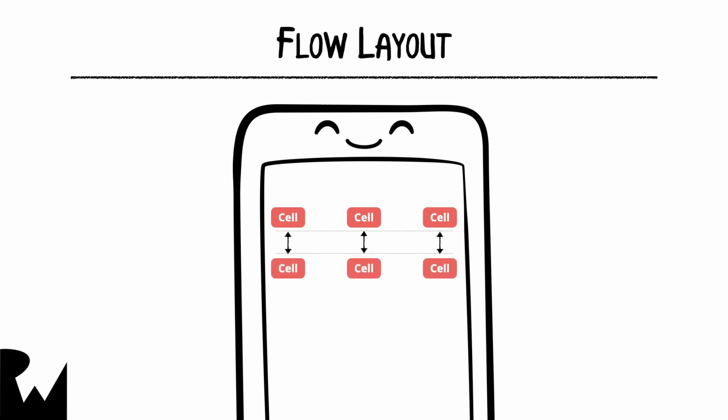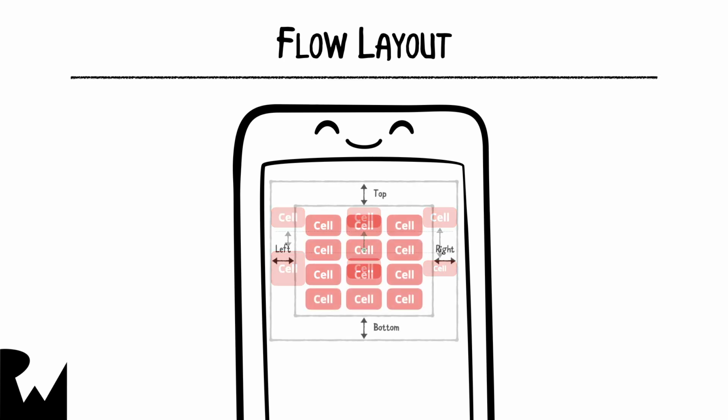Once the items on the line have been set, layout flows onto the next line, and the same technique is used for inter-line spacing. If all the items are the same size, the flow layout respects the minimum spacing values, and all items will be spaced evenly from the items in the next line. If the item size varies, then the actual line spacing between the items can be different. A flow layout also allows you to configure section insets to tweak the margins of your content.